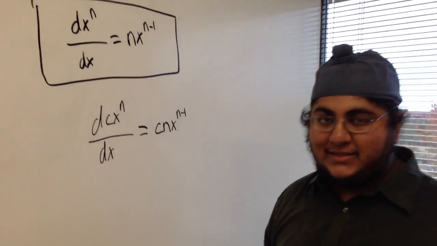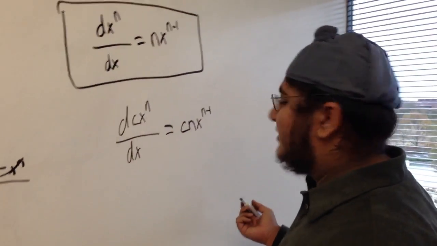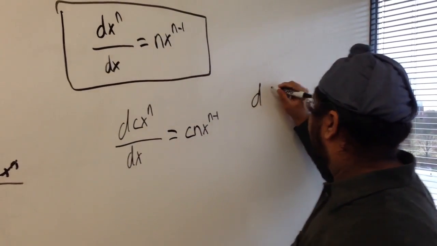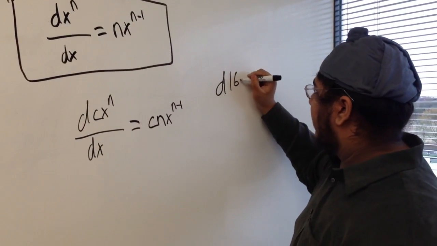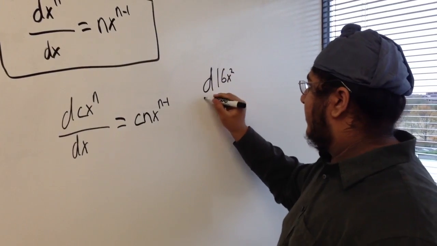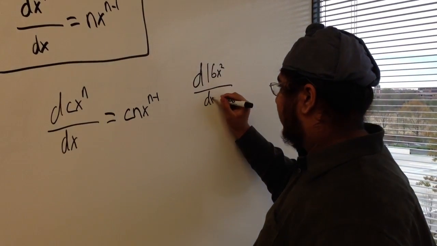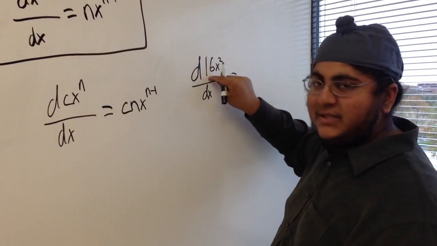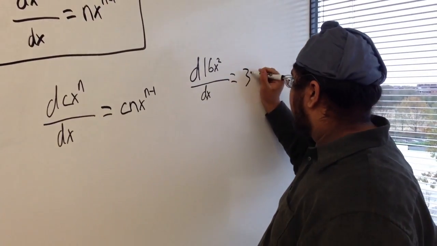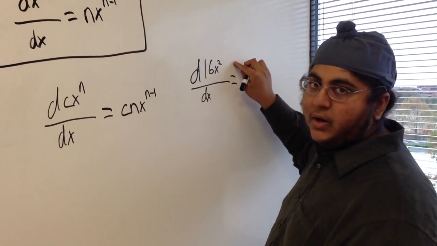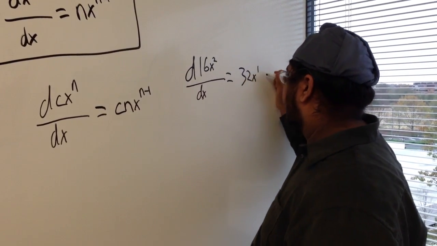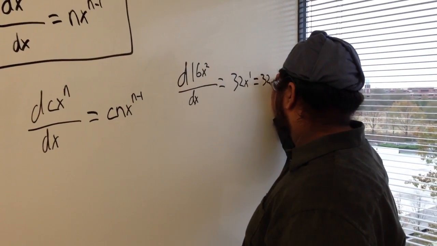Let's use a very basic example. 16x squared. So the derivative of 16x squared with respect to x is equal to 2 times 16, so 32, and 2 minus 1 is 1. And so we have 32x to the 1, or just 32x.